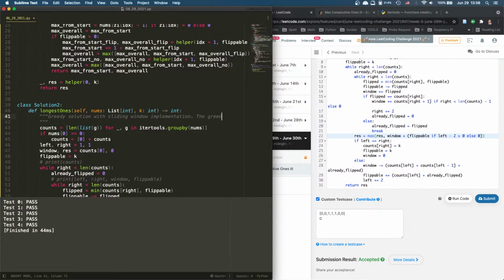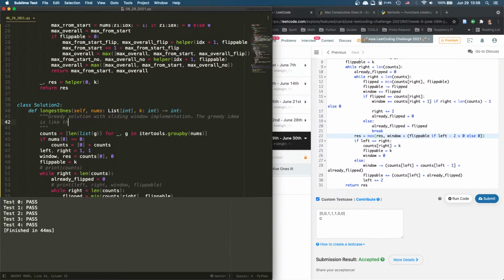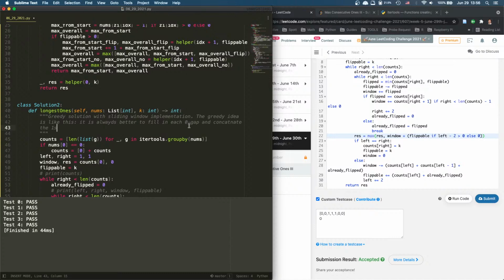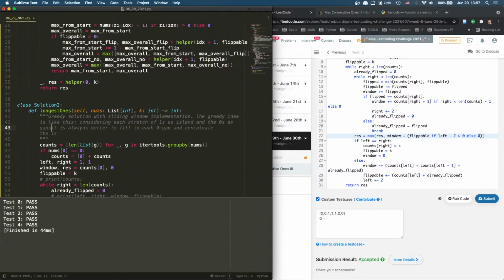The greedy idea is like this. It is always better to fill in each zero gap and concatenate the ones, considering each stretch of ones as an island and the zeros as gaps.